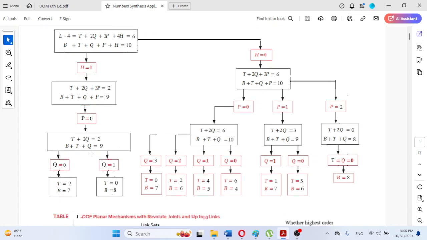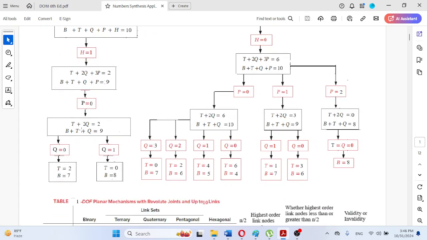So when we have approached this stage, we can say that t plus 2q is equal to 2, and here again we will repeat the same procedure, starting from the highest order link and its lowest count. So in this equation the highest order link is quaternary link.